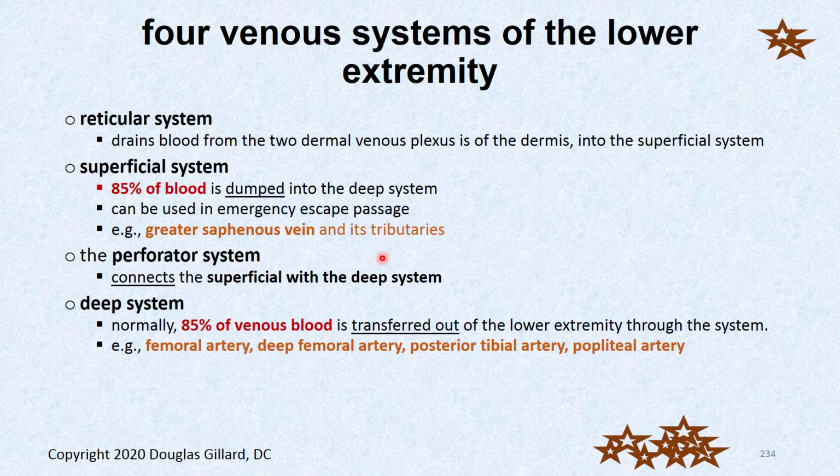Again, about 85% of the blood from the superficial system is actually dumped into the deep system. We still get 15% that can leave and go into the common femoral vein that way, but most of it comes from the deep, from the femoral vein.